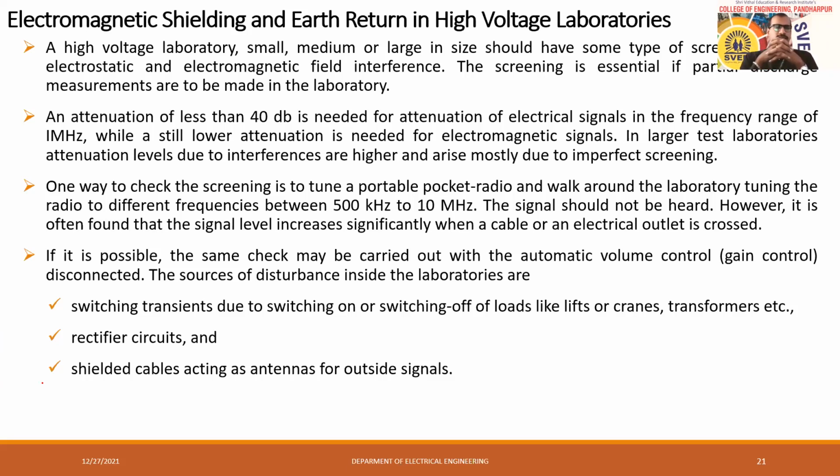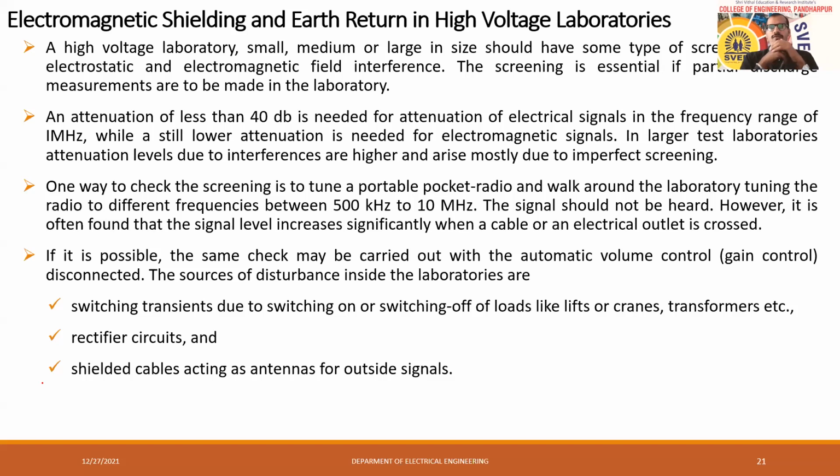In such cases, the attenuation should be less than around 14 dB. Why? Because of the attenuation of electrical signals in the frequency range of 1 megahertz. Lower attenuation is needed for the electromagnetic signals only.